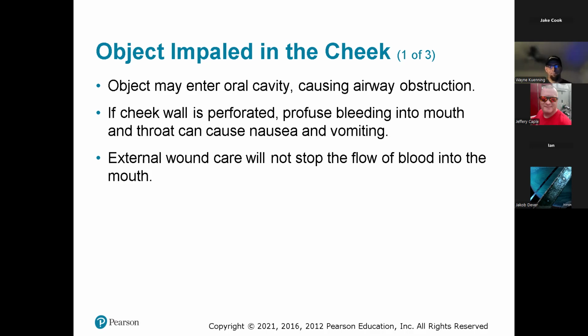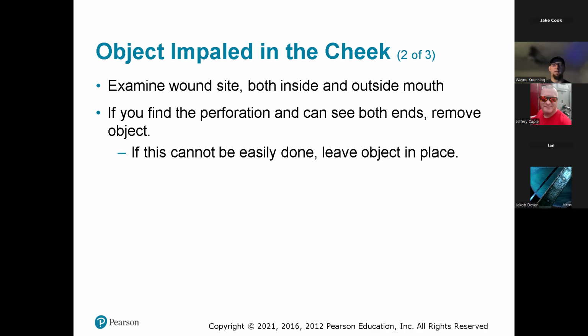That's their job, which means they require a large quantity of blood vessels. So if you have something that perforates the cheek, then bleeding control from both sides of the wound is necessary.